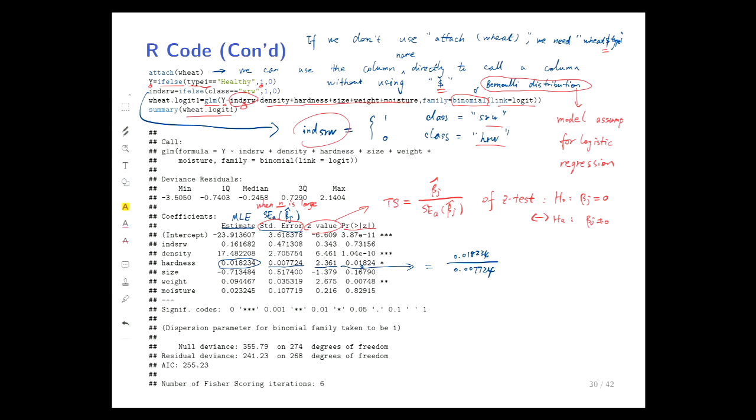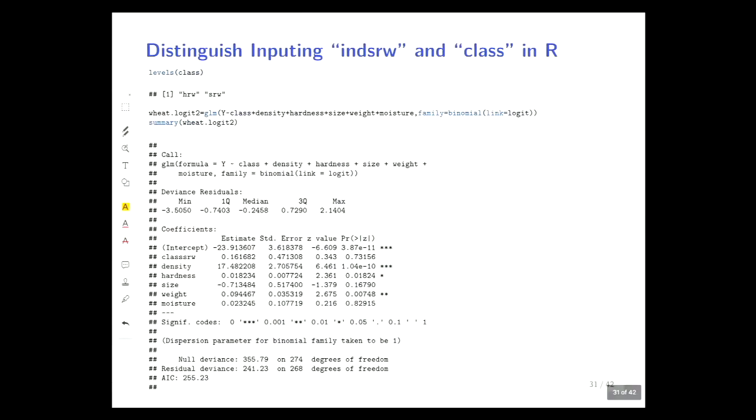So let's try something different. Class is a categorical variable with two categories, right? So R can actually help us input the class, the categorical variable, directly in the regression. I haven't mentioned it in my lectures.